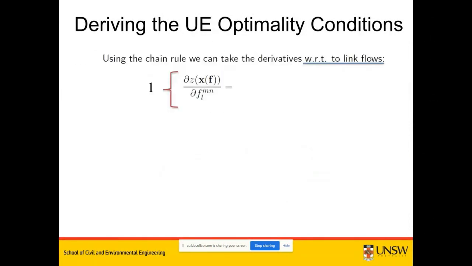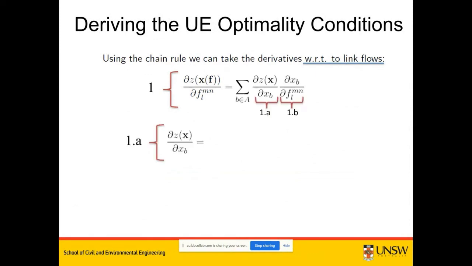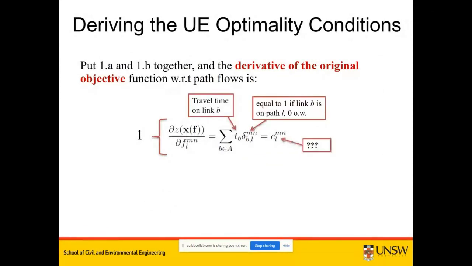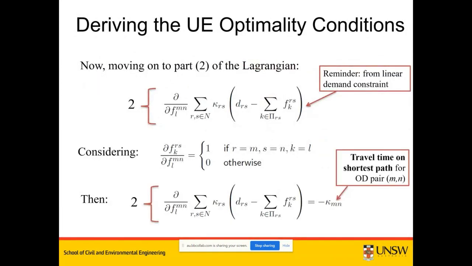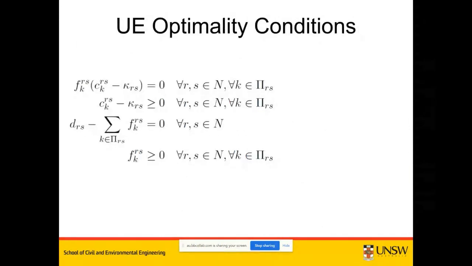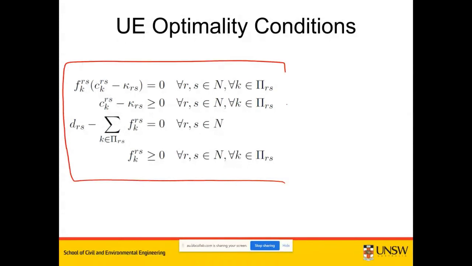I'm going to record this, so don't worry about this. You go over all these derivatives of the Lagrangian, etc., and then at the end you actually end up with UE optimality conditions. And that's the final outcome. So we set up the UE as an optimization.